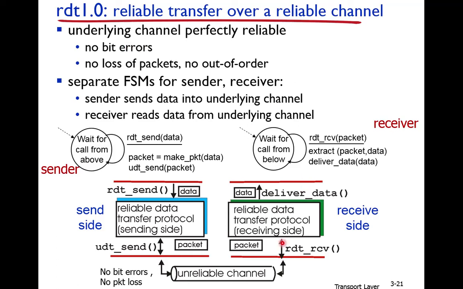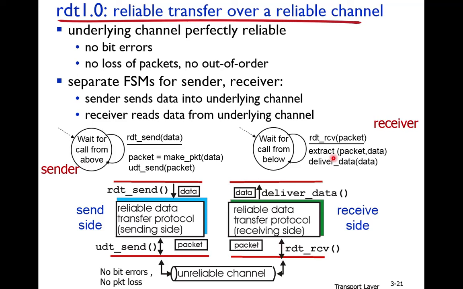Okay, and the receiving end, what will it do? In the receiving end, it waits for a call from below, that it will receive the data from the underlying channel. When it receives the data from the underlying channel, since it is reliable, without bit error, and in order, it does nothing else.